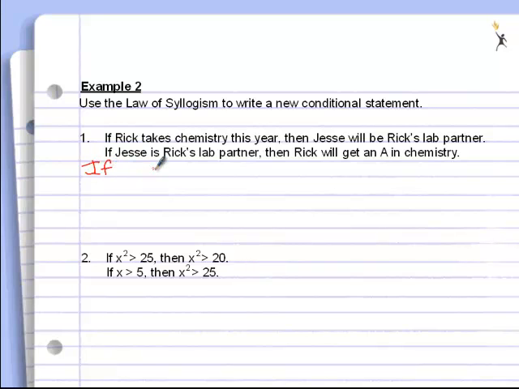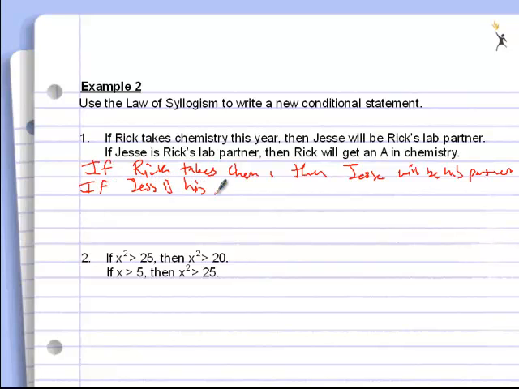If Rick takes chem, then Jesse will be his partner. Let's write the next one. If Jesse is his partner, then Rick gets an A in chem or chemistry.